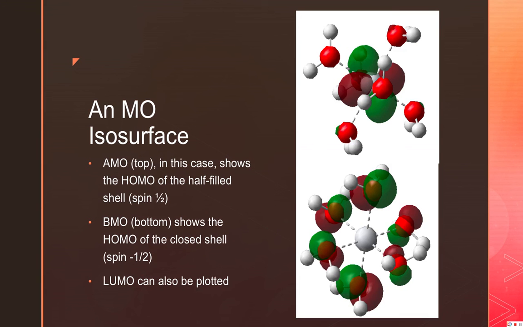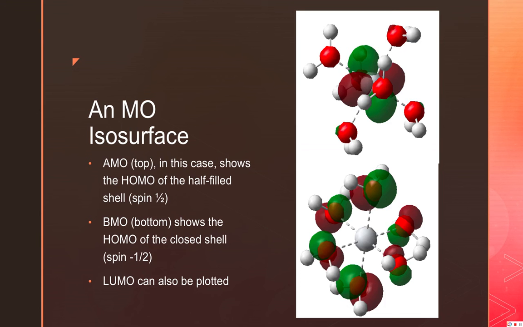For an MO isosurface, the top picture shows the alpha molecular orbital from the previously calculated setup. So this shows where your spin 1/2 electron is, and the lower one is your beta molecular orbital states.